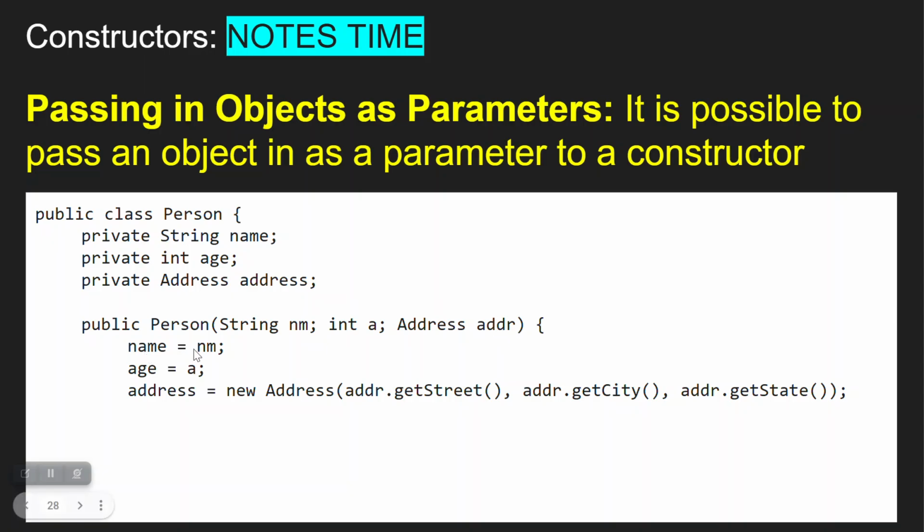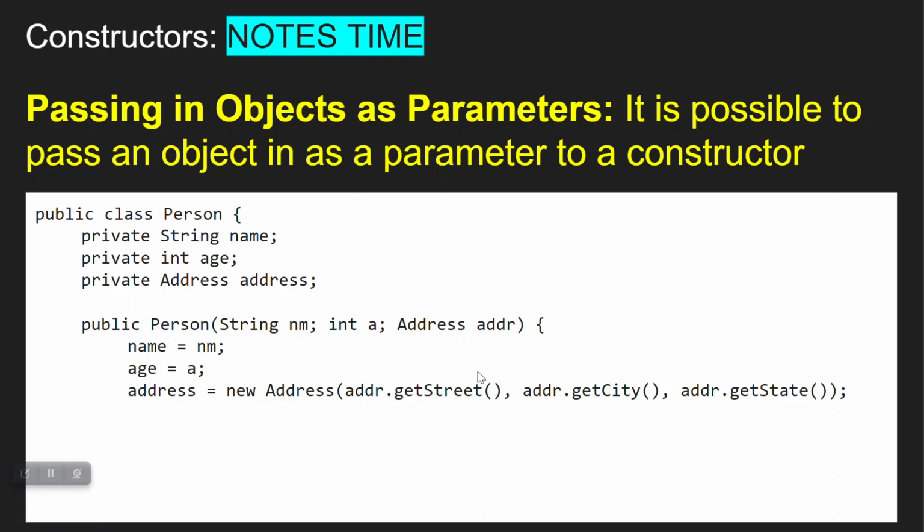And then our instance variable name would just be set to NM. Our instance variable age would just be set to A. But then our instance variable address, you would go ahead and basically call the constructor that you see here and create that address object.